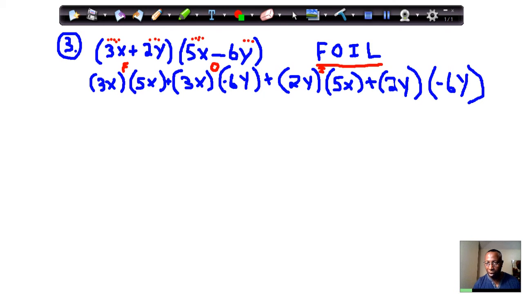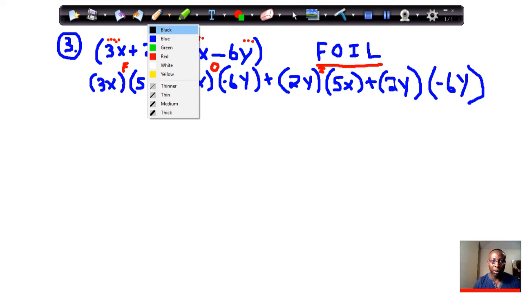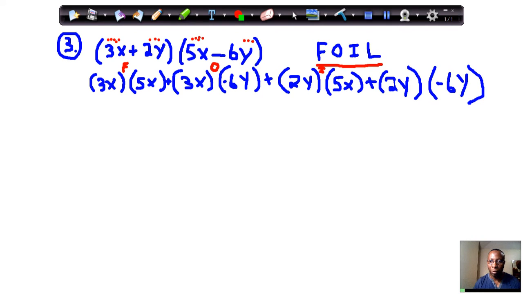Okay, so we've distributed all the terms, and we're going to put a little L so you can see it. So that's the first step. Now that we have these, we're going to carry out the calculations. 3x times 5x.